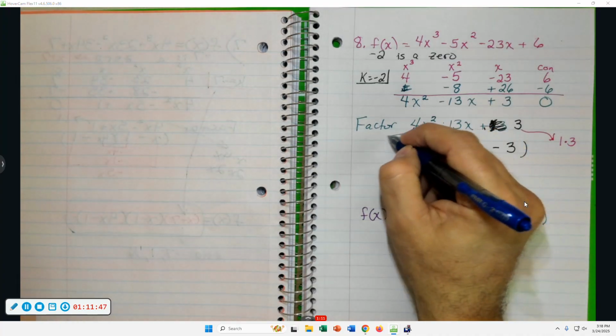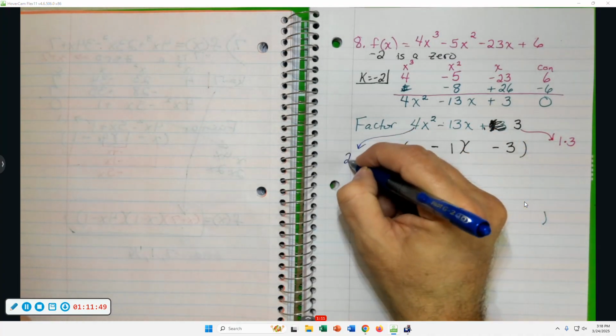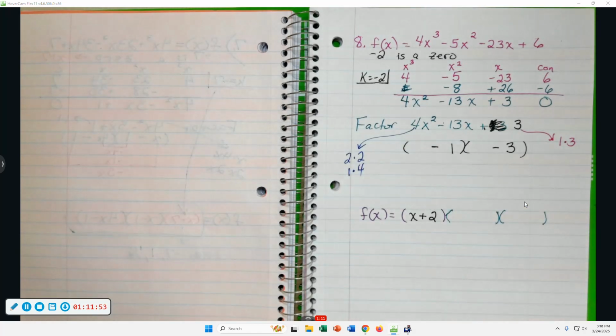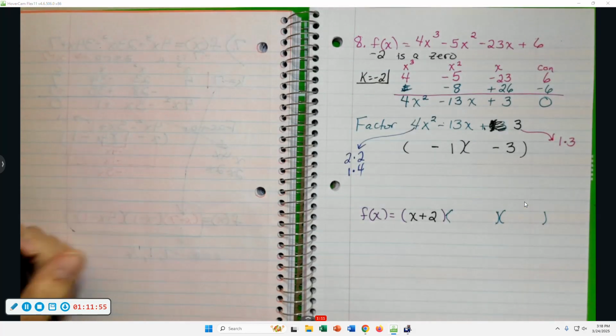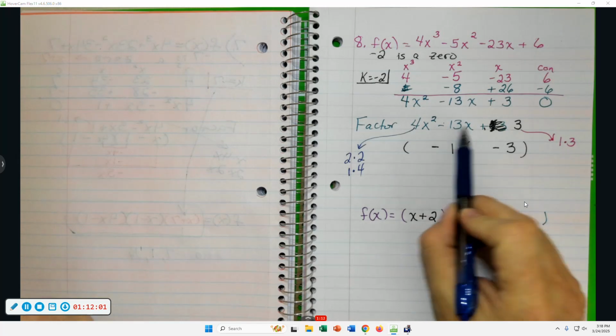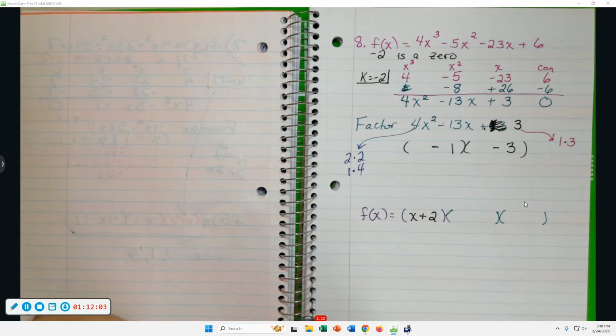Now, what about 4? Well, I think we had that a moment ago. It's either 2 times 2 or 1 times 4. Which one do you think we're going to do to make it work out and get that negative 13x in the middle? I am thinking it's not going to be 2 and 2.